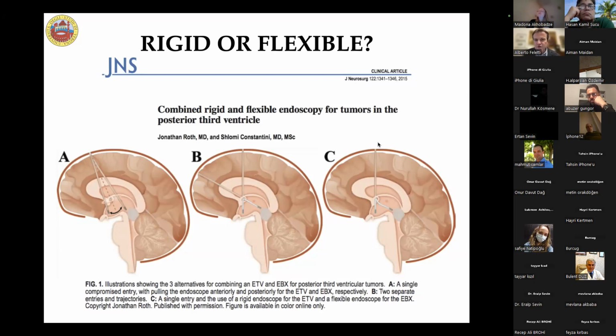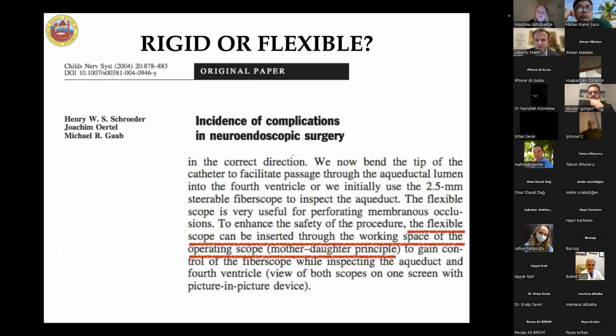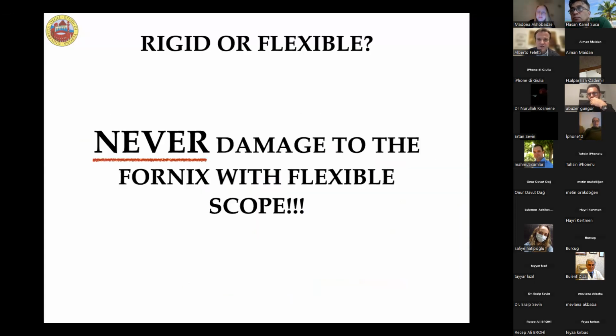Some authors proposed to use both a rigid endoscope to work at the level of the tuber cinereum, and through the same entry point, a flexible endoscope to work in the posterior part of the third ventricle. Schroeder and Gaab actually published the possibility of using a so-called mother-daughter principle, so the flexible scope can be inserted through the working channel of the rigid scope.